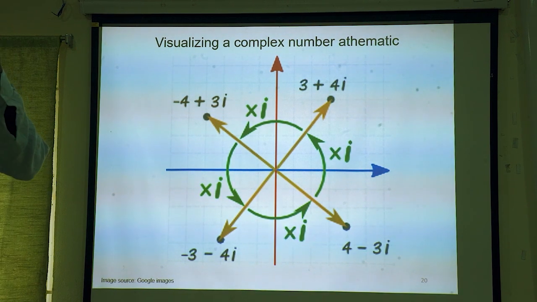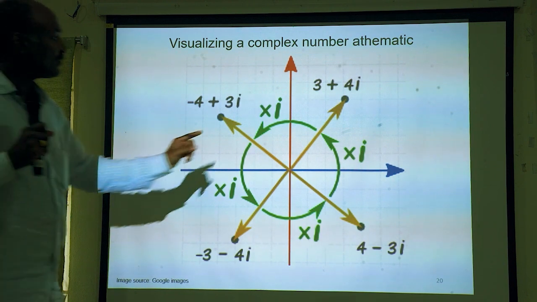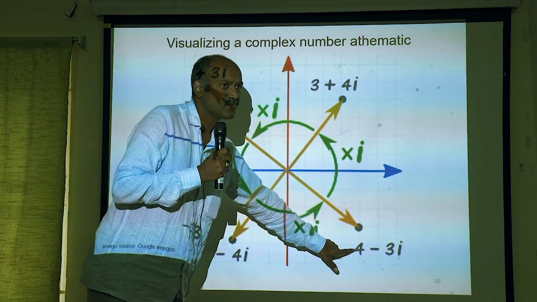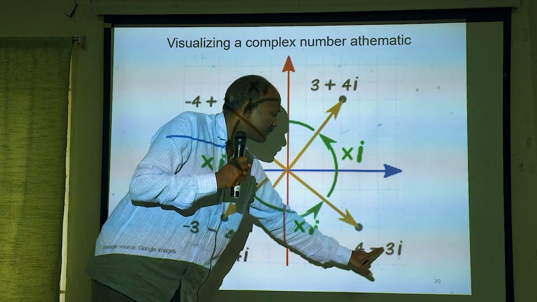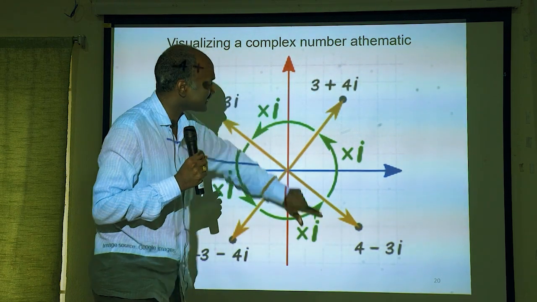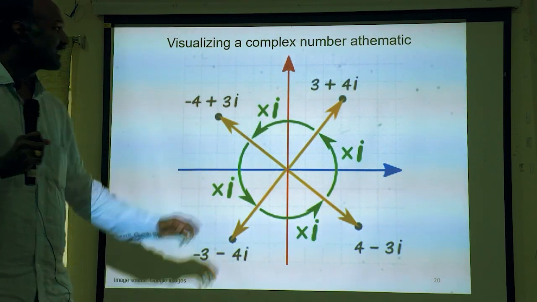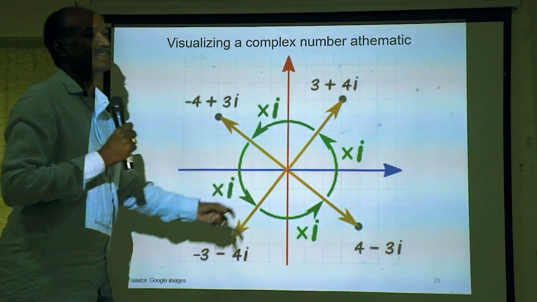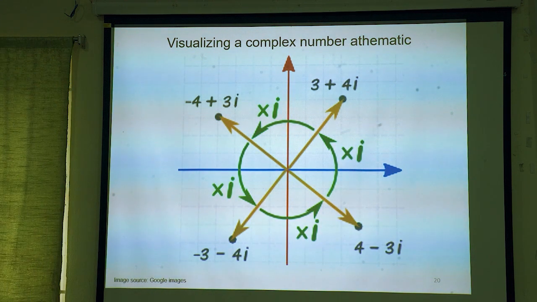I said i. i is how much? 90 degrees. You multiply with i: 4i, and i into i gives plus 3. So 3 plus 4i is exactly 90 degrees from this point. Again you put a 90 degree rotation, you will get this. So i means 90 degrees.